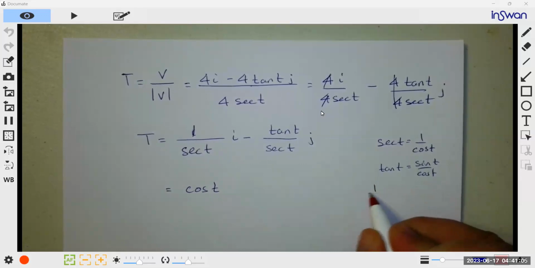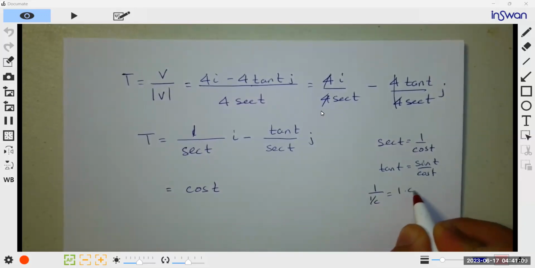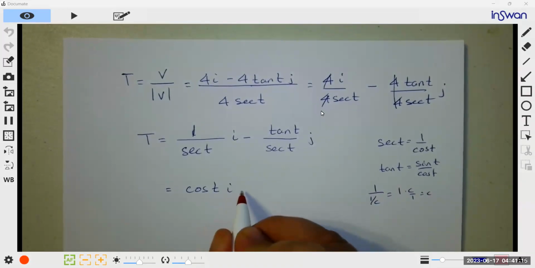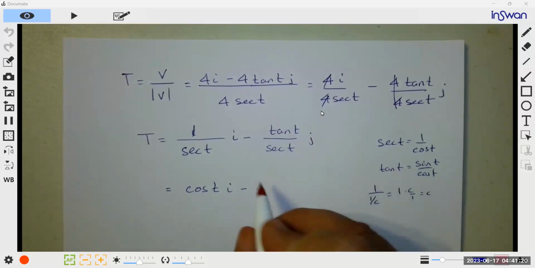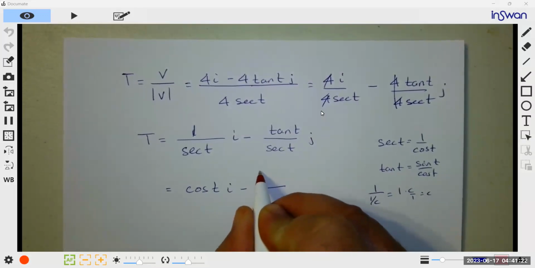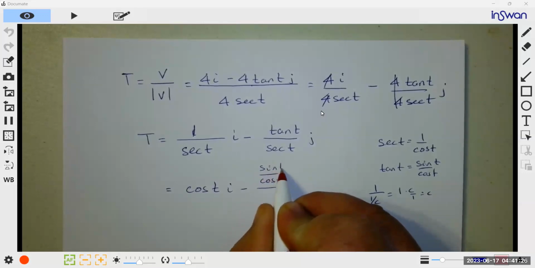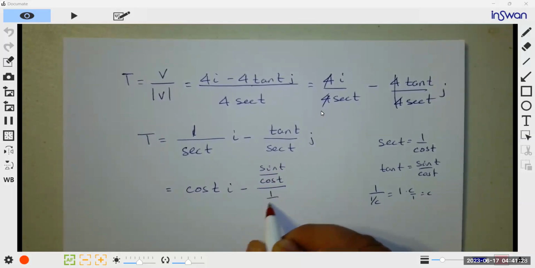Take the top, leave it alone, flip the bottom: 1 over cosine on the bottom becomes cosine i. Then we have sine over cosine over 1 over cosine.